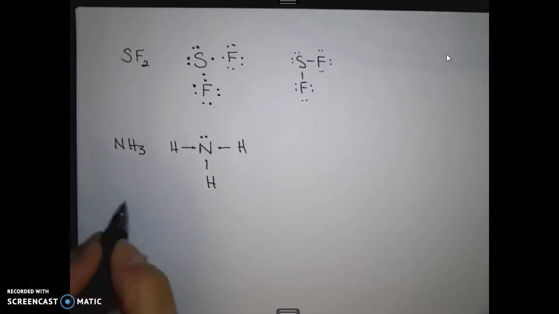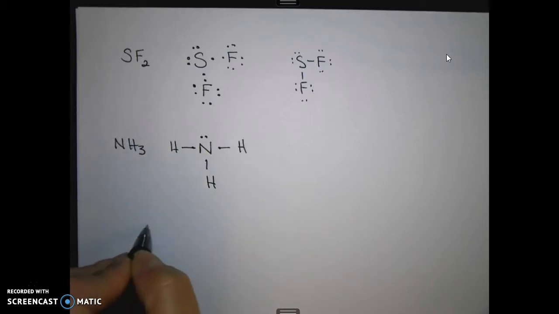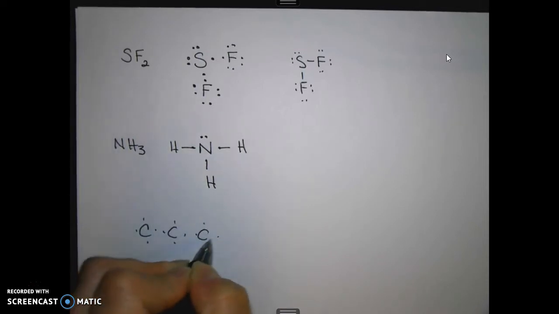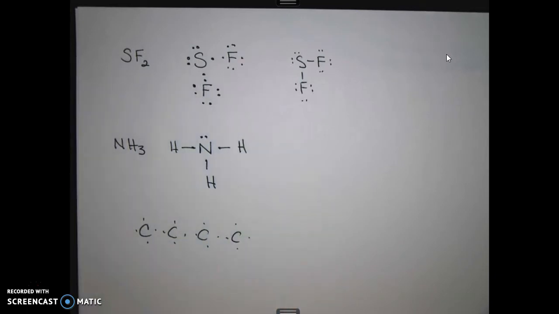All right, next was the butane. If you remember, 4 carbons is butane. So the C's are going to have to be your central atoms. So you're going to have those essentially in a row. Remember, 3-dimensionally it looks a little bit different, but for Lewis structures we can keep them in a row.